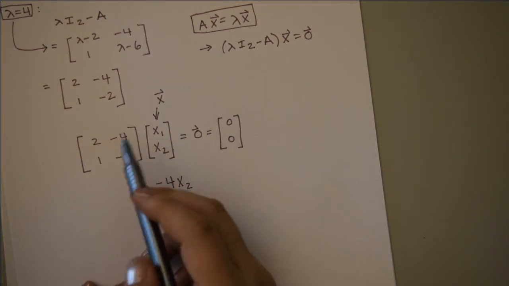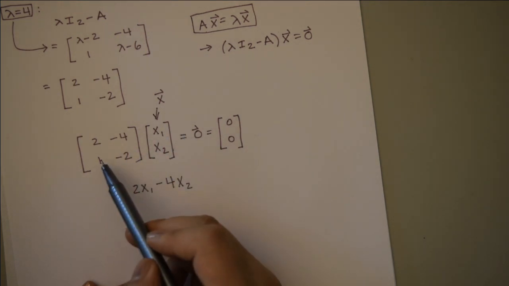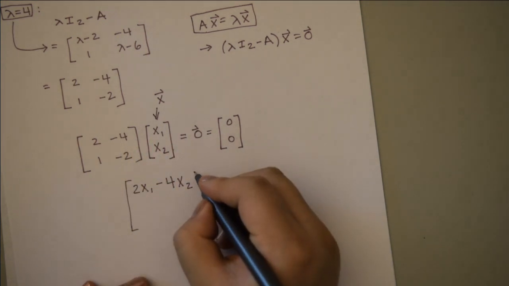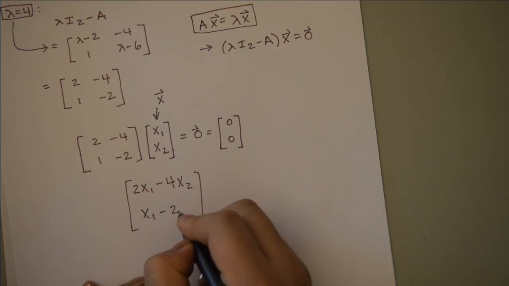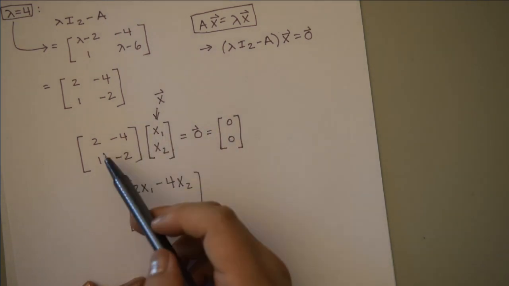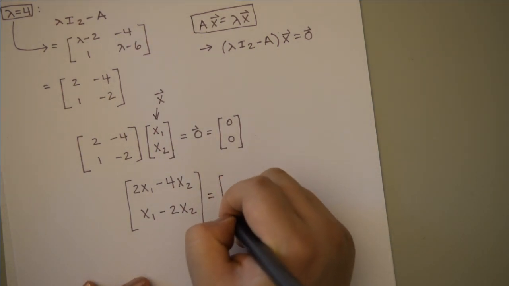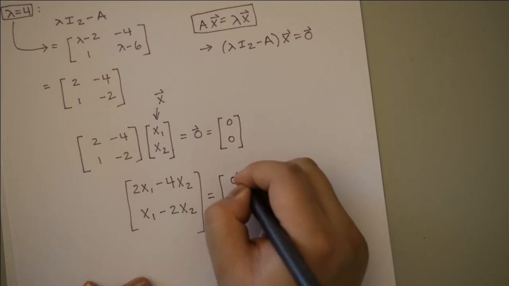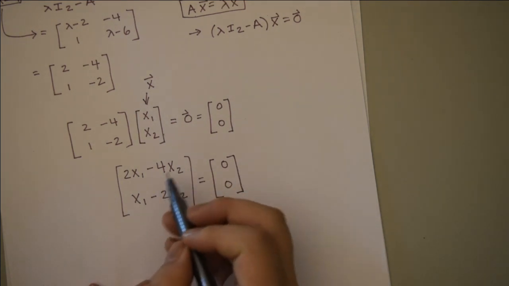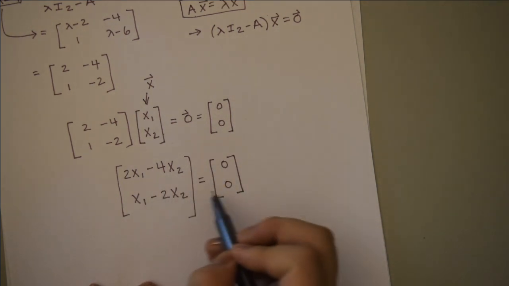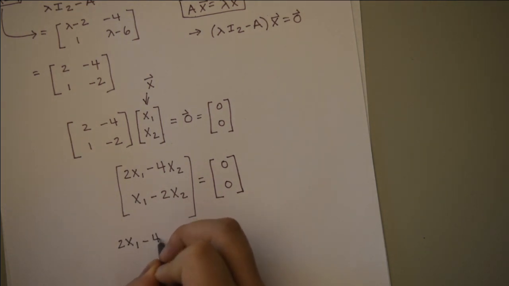So this is 2 times x1 minus 4 times x2, and then the next entry would be 1 times x1 minus 2 times x2. It's just normal matrix multiplication, and that's why it's important to be really clear with how to work with matrices before you get into all of this, but that needs to equal 0. So we're just solving simultaneously: this part equals 0, this part equals 0. So we're solving two equations with two variables.